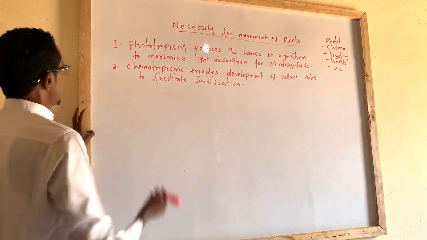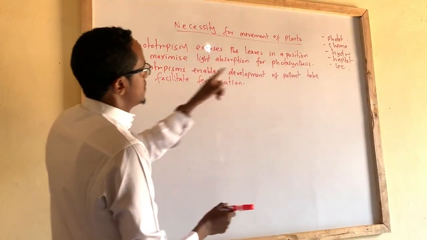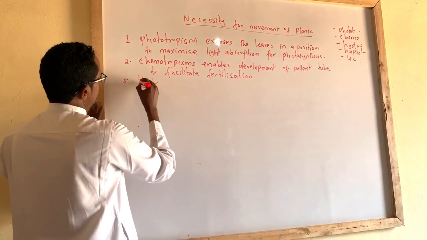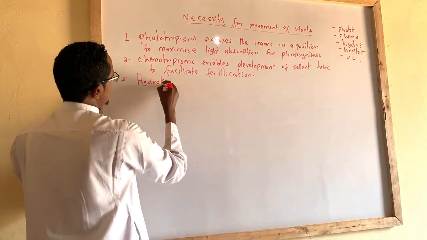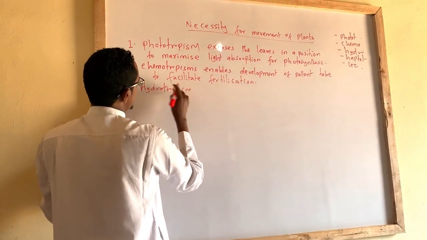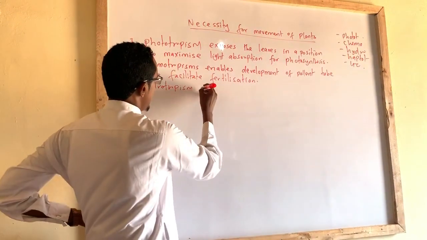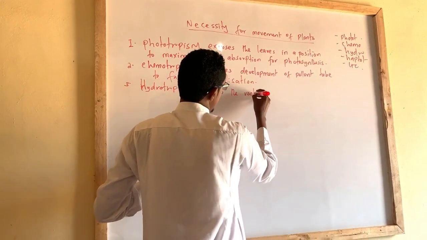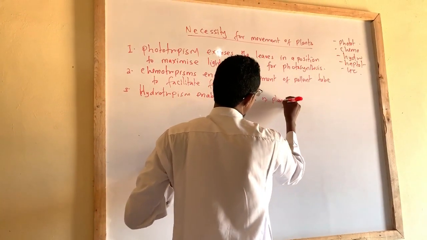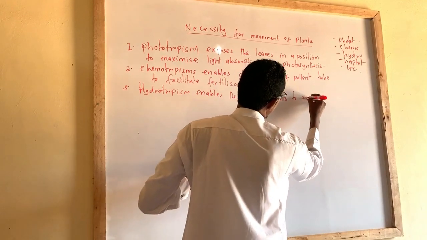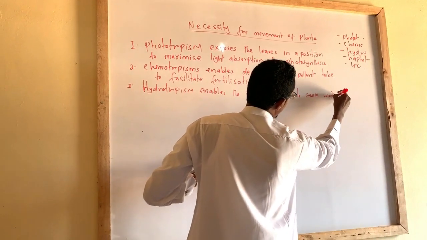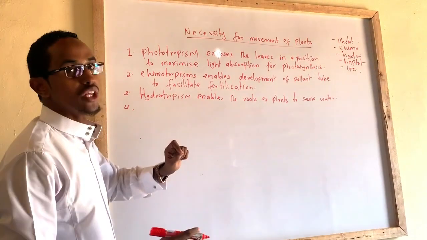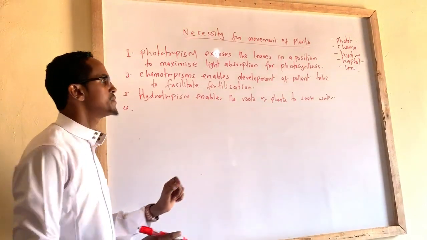Number 3, importance of hydrotropism. Hydrotropism enables the roots of plants to seek water. Number 4, what is the importance of haptotropism? Good.